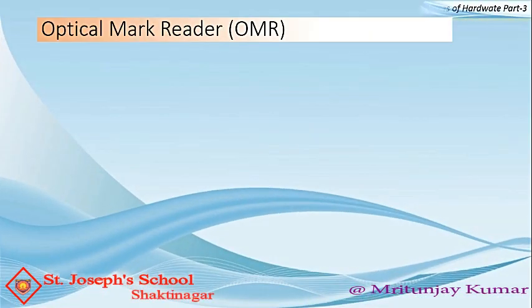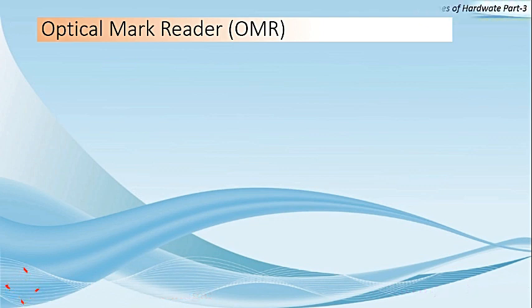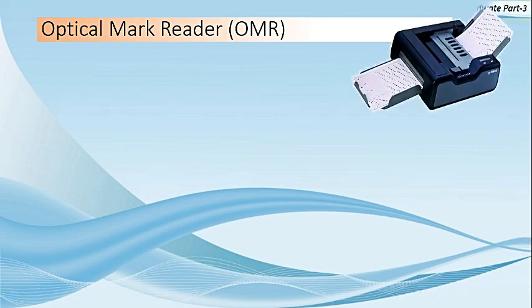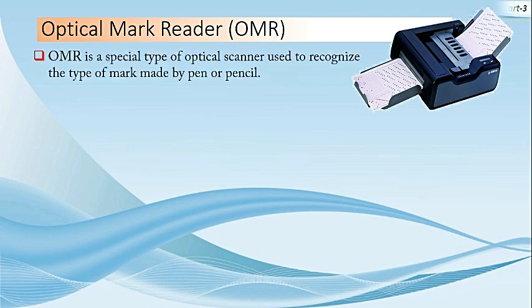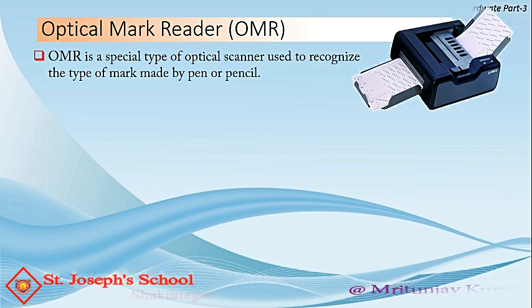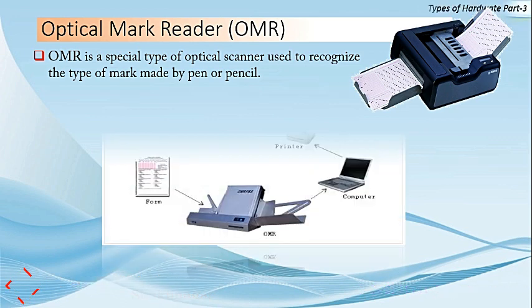Next input device is OMR. You all have heard about OMR sheets while giving the Olympiads or any other competitions. So this is an OMR device, and this OMR is a special type of optical scanner used to recognize the type of mark made by pencil or pen, and according to the mark, the marks will be allotted.